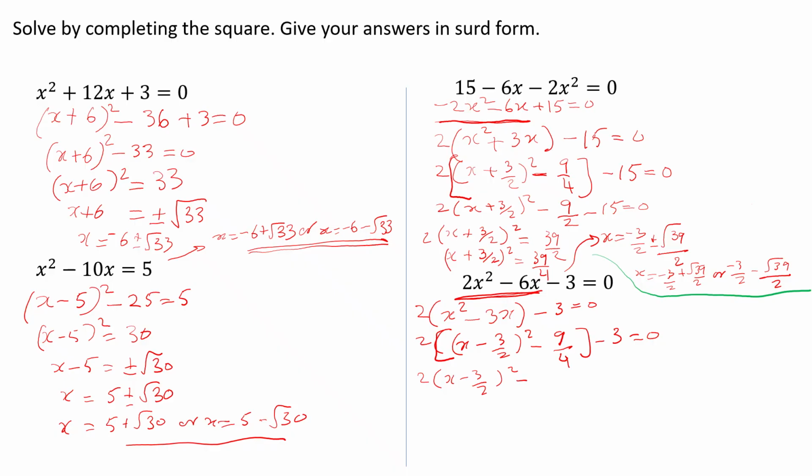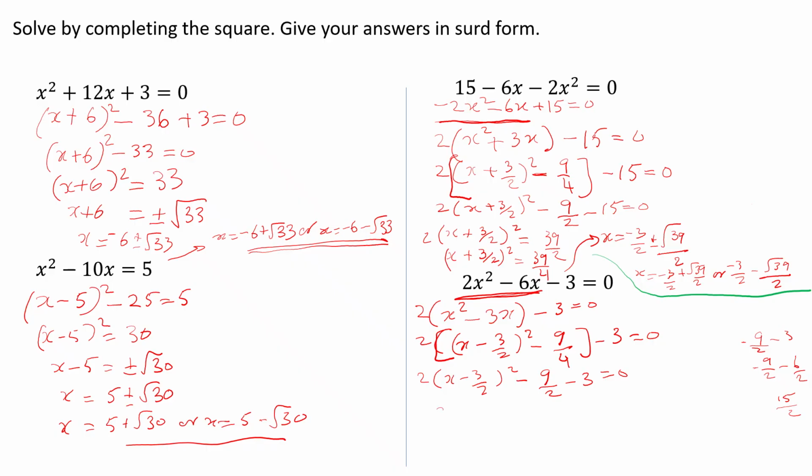minus 9 over 2 minus 3 equals 0. So 9 over 2 plus 3, so 9 over 2 plus 6 over 2, which is 15 over 2.